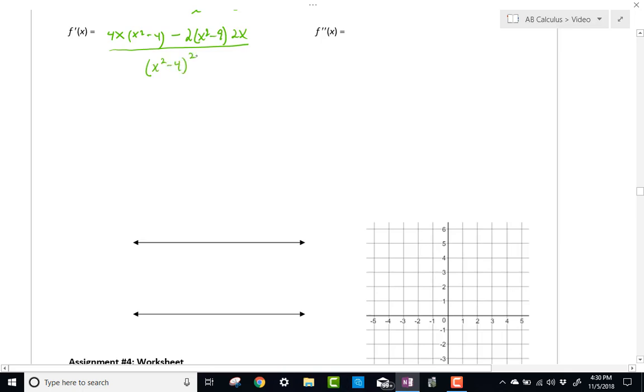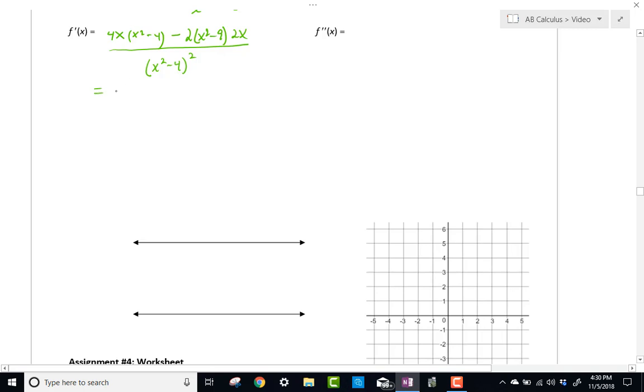Now I'm going to need to clean this up a little bit in order for us to do something with this. There's nothing that we can cancel out here at this point. So let's clean up the numerator and see what happens.